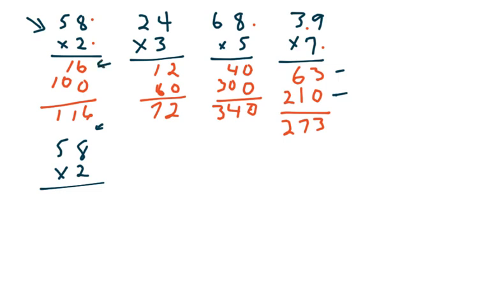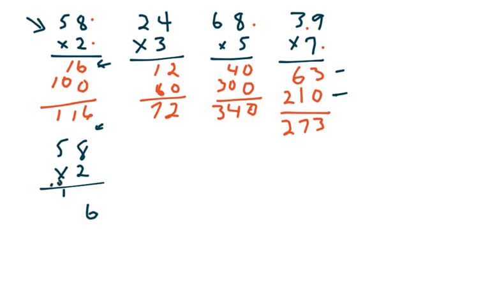Well, this time we write down the 16, and we put the 1 here. That's still 16, but I'm not going to show the whole number. I'm just going to show the 1 there. And then 2 times 5 is 10, and I'm going to put it here. I'm going to think about 10.